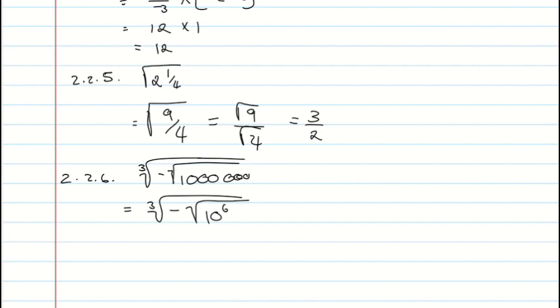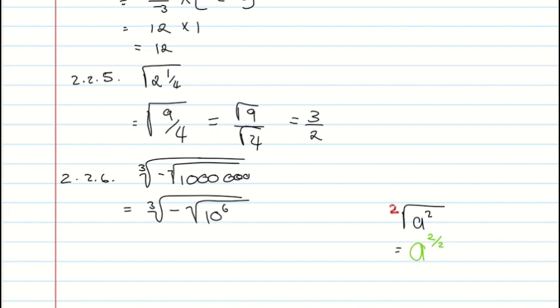Then what we can do, because there's a rule, I don't know if you know the rule, but the rule says if I have, for example, a square root, and I have a to the power of 2, and I want to get rid of the square root, I just need to remember that there is an invisible 2 outside. So what I can say is going to be the base, and then the exponent inside, divided by 2. That is for a square root.